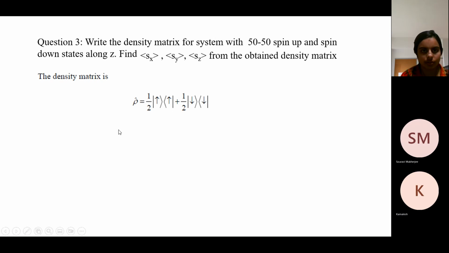So now if this is your rho, how do you find Sx? I'm multiplying with the Pauli matrix. Yes. So you have to multiply rho with the Pauli matrix, correct? And then take a trace of it.